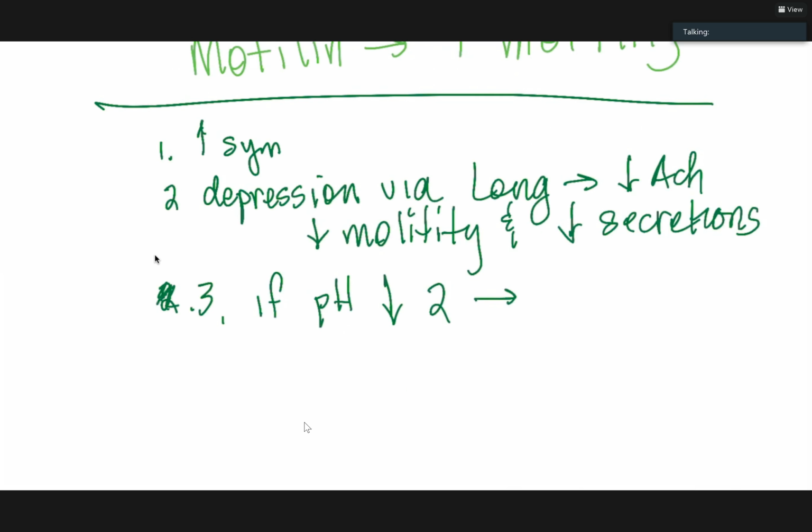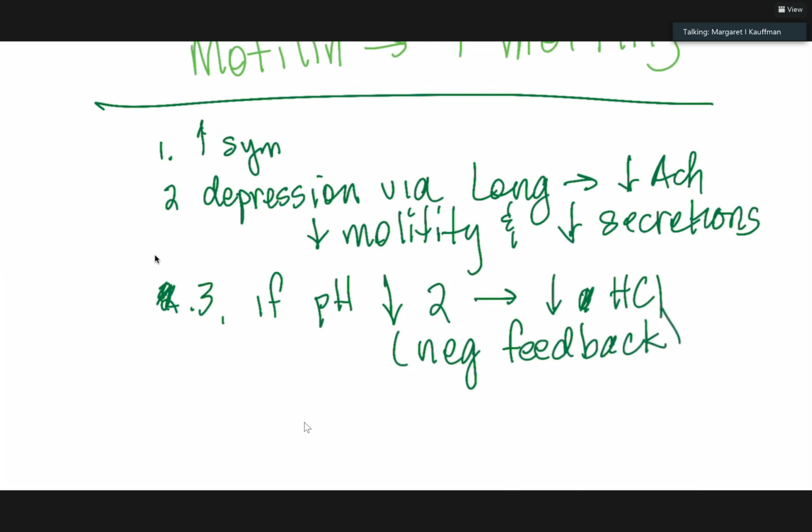Okay. Decrease secretions, also HCl, and this is a negative feedback. So the stomach is trying to maintain itself at around pH 2. For some reason, if you have excess acid produced, then you will release hormones in short reflexes. So this guy's a short reflex.